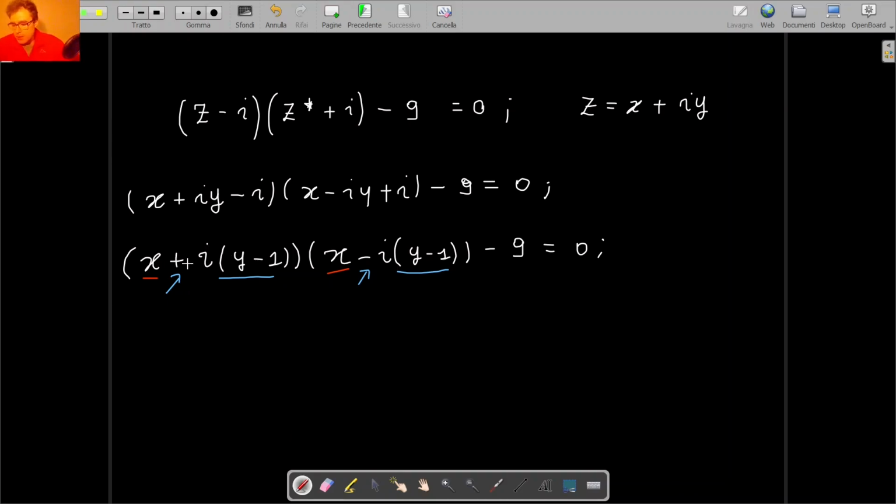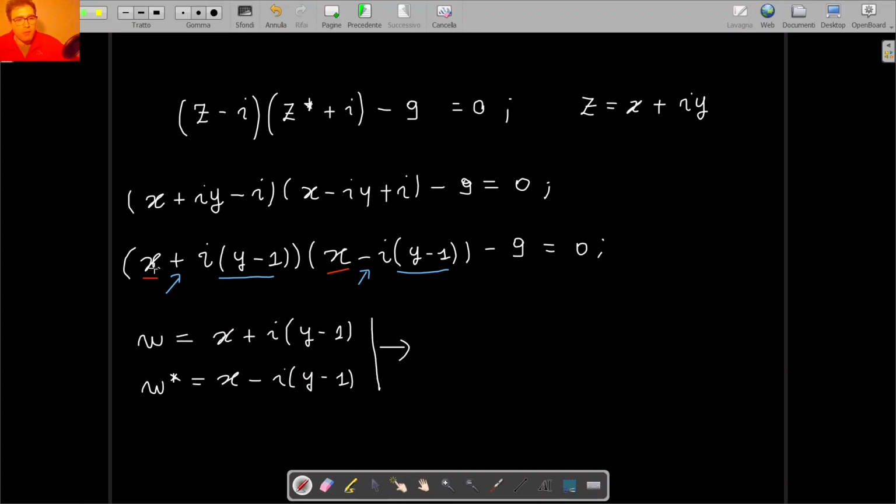What this exercise is telling us is that if we pose w equal to x plus i(y minus 1), and so w star equal to x minus i(y minus 1), then we have this factor w, this other factor w star, and w star minus 9 equal to 0.